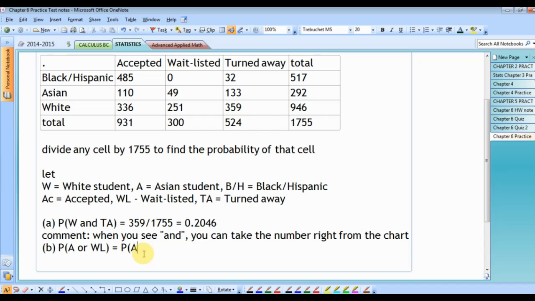There's no reason to try to figure out if they're independent right now, especially if you're trying to work with time. So the formula is the probability of A plus the probability of waitlisted minus the probability of A and waitlisted. That's our formula. What's the probability of A? 292 out of 1755.